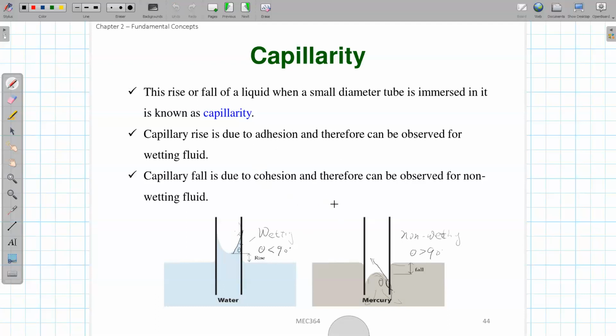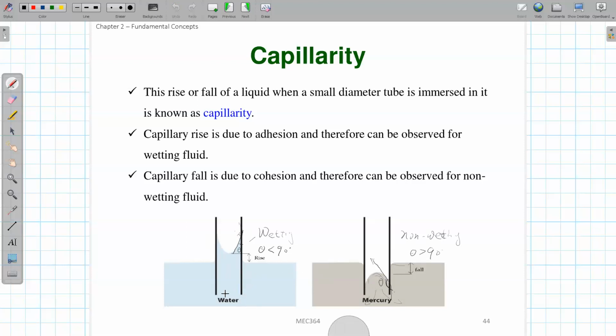So this explains why we see these capillarity effects. It's due to the surface tension and the different types of fluids, right? It depends on whether they are wetting fluids or non-wetting fluids. If they are wetting fluids, it's likely to make the liquid surface inside this tube higher. If it's a non-wetting fluid, it's most likely to make the surface level inside this tube lower.